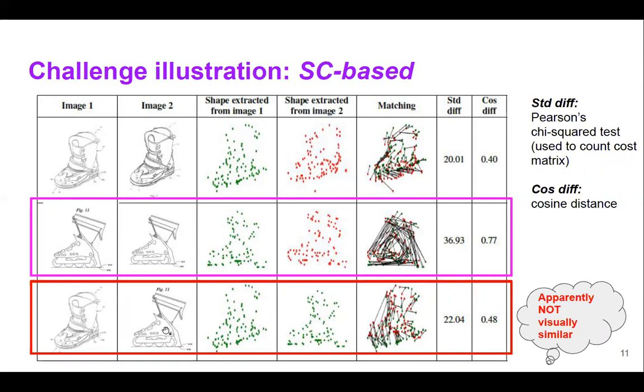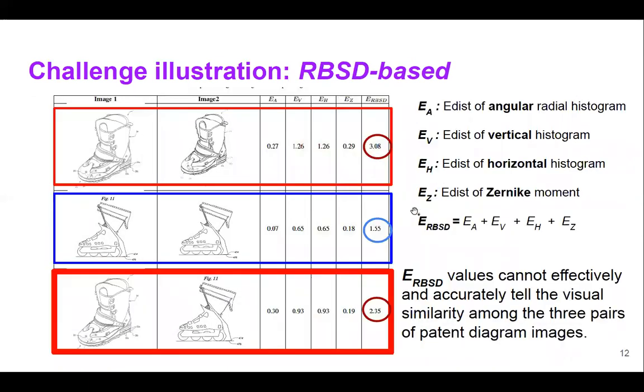And this third pair of images is most visually less similar. RBSD indeed did a better job than the shape context because it can tell us the second pair of images is most visually similar among the three. However, RBSD fails to tell us the third pair of images is much less visually similar than the first pair.